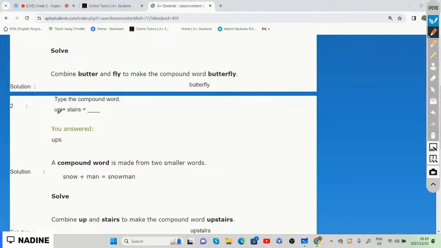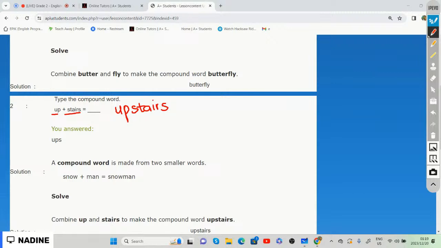Then we have up plus stairs. Up plus stairs. And if we join those two words, up plus stairs, we can say it is upstairs.